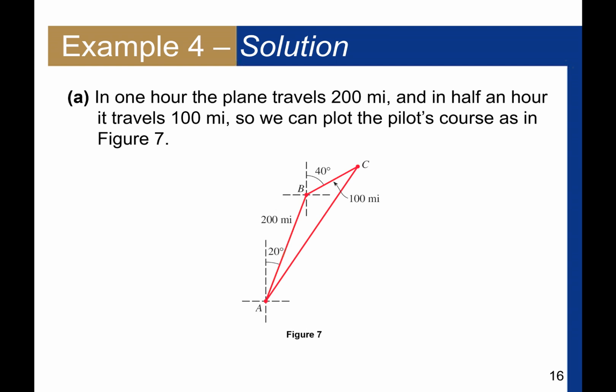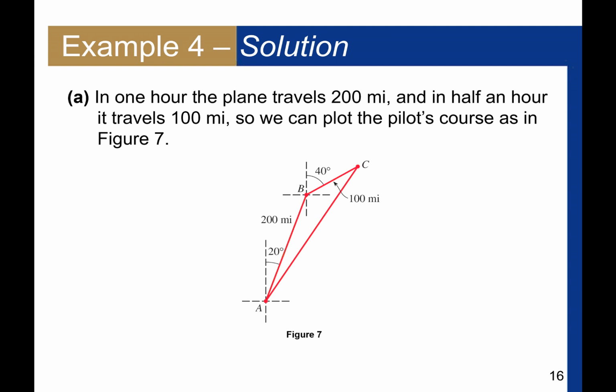So again, 200 miles an hour, half an hour. That's 100 miles. So you notice here the change in the bearing at point B is now again from due north going 40 degrees to the east. Point C is the landing spot. Play connect the dots. From point A to point C, here's our lovely triangle.